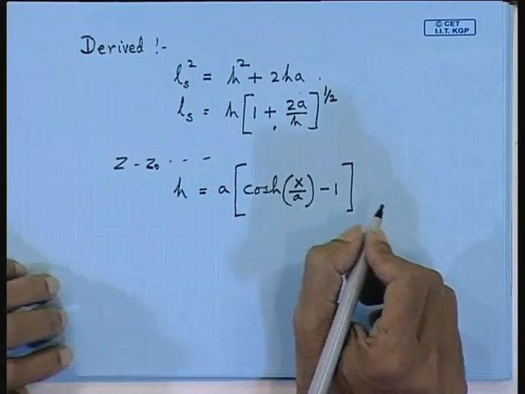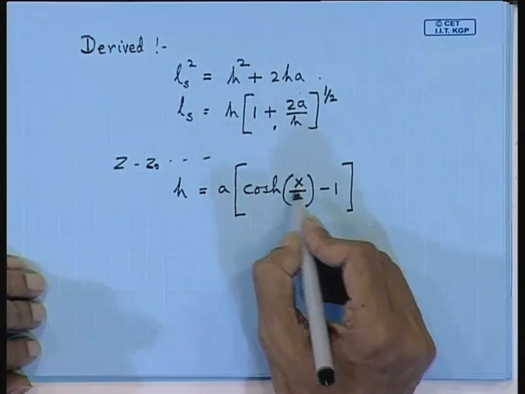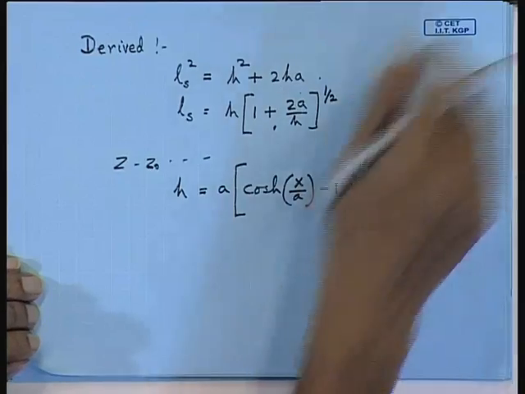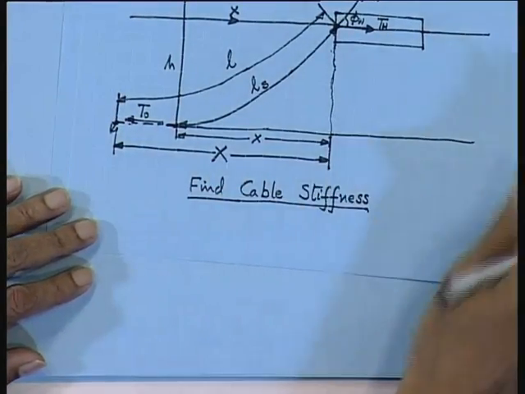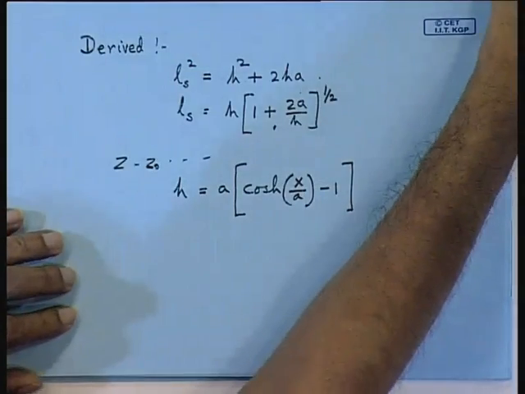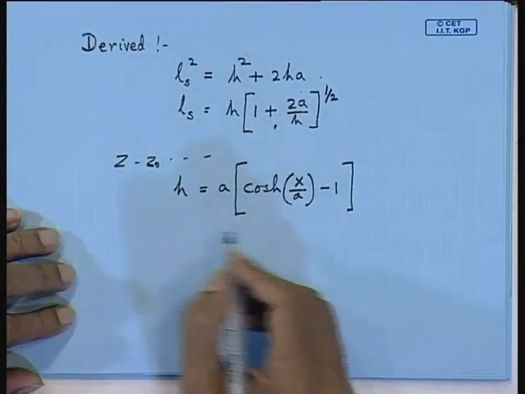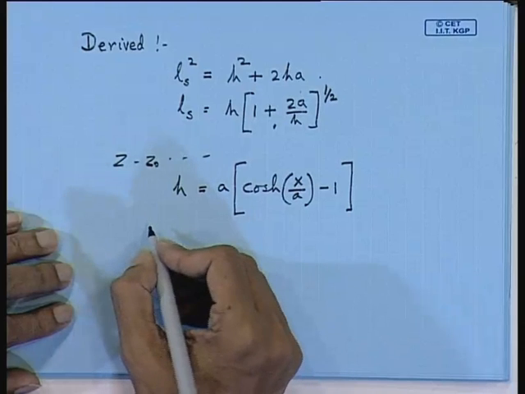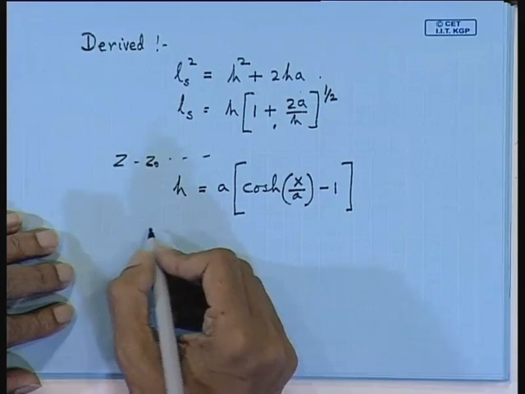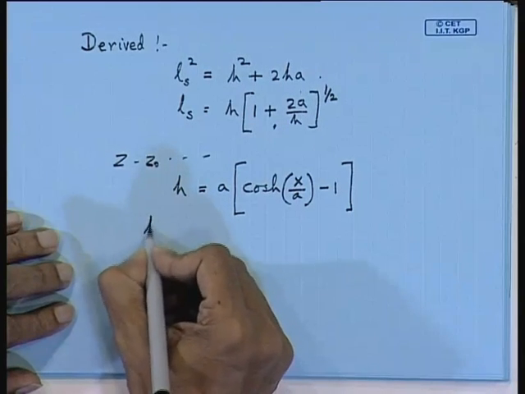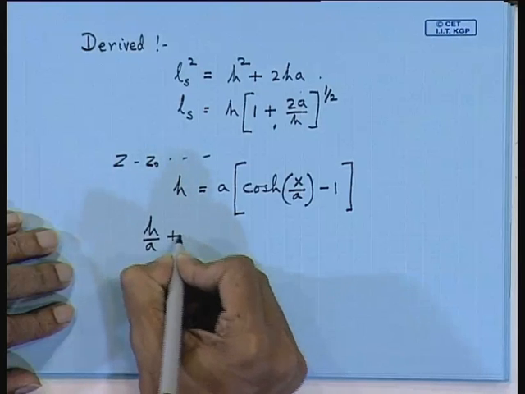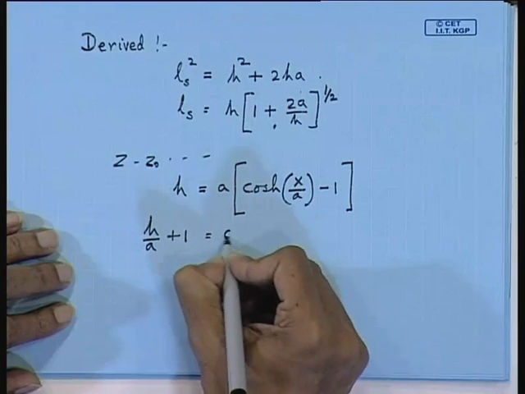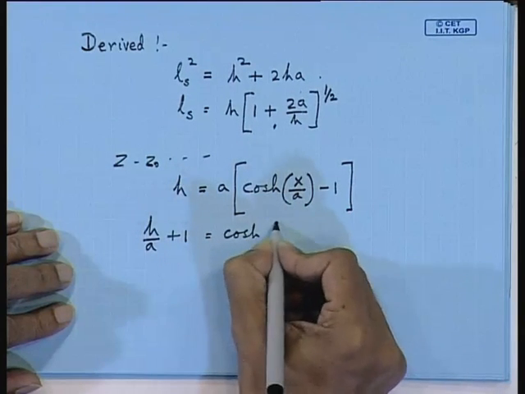From this you can find out x, which is the smaller x, that is this part of the length of the line. So, from here what expression are we getting? h by a you can take outside. So, this is h by a plus 1. This is the expression for cos hyperbolic of x by a.